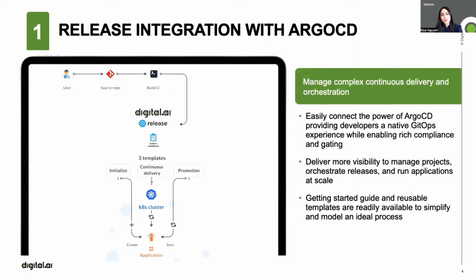So the integration with Argo CD can provide you and your DevOps team with a native GitOps experience while enabling rich compliance and gating and giving you a unified experience of enterprise software release. So with this plugin, you would have more visibility to orchestrate even bigger release processes and run your application at scale.